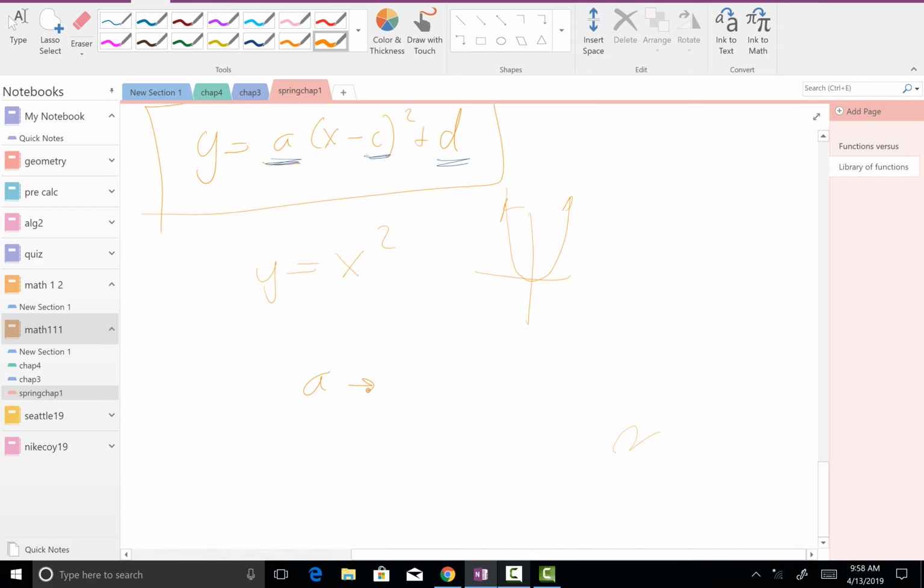Okay, let's talk about what A does. It widens or compresses the graph, and if it goes into the negatives, then it flips it.